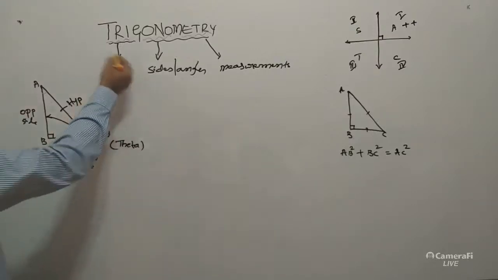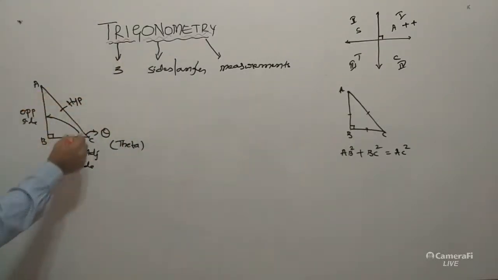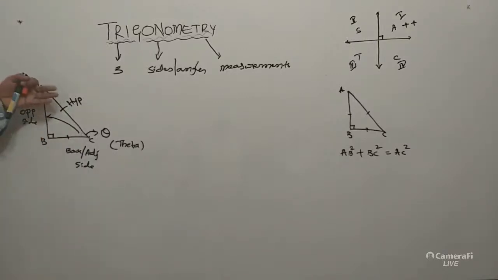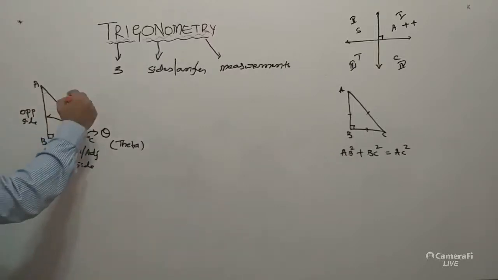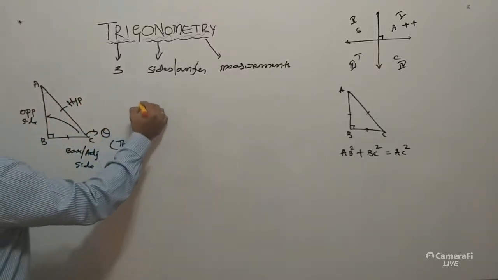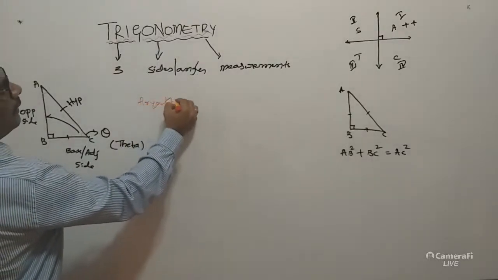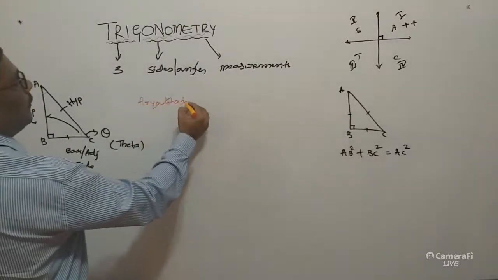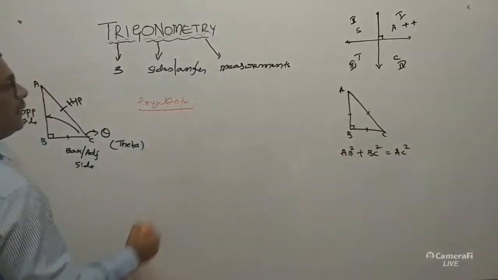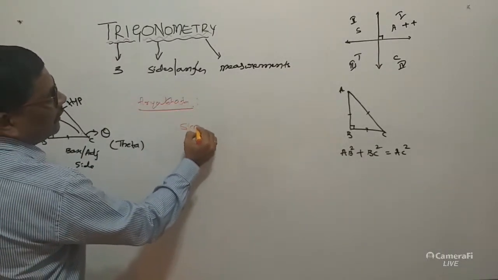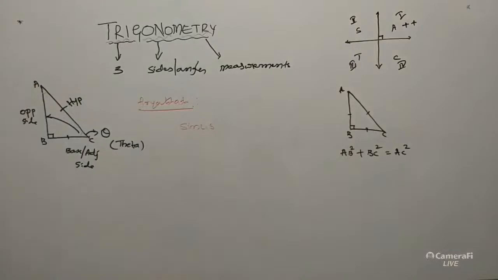Slowly, as the triangles and their properties were studied, the right angle property as well as acute angles and all the thetas, it was then developed by the Indian mathematician called Aryabhata. In his book, it is mentioned as the sinus.